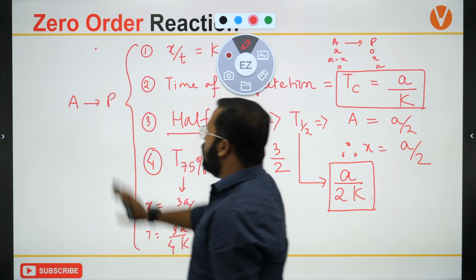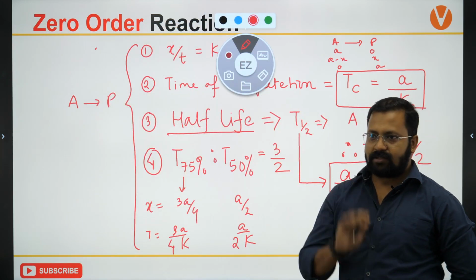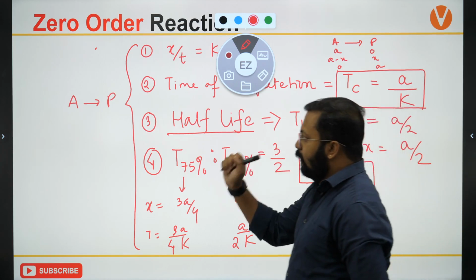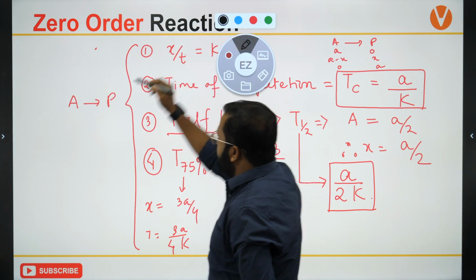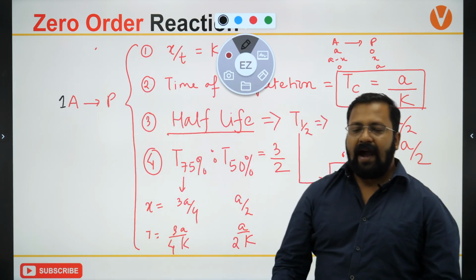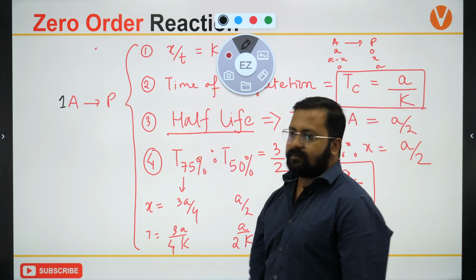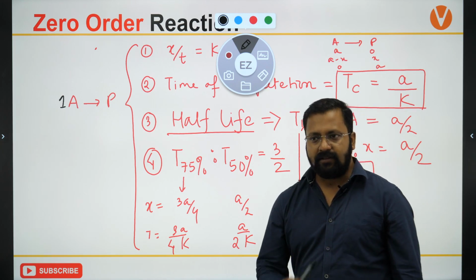Clear? Now, what is the stoichiometric prefix for this? Prefix is 1. When the prefix is 1, I have calculated the answer like this.